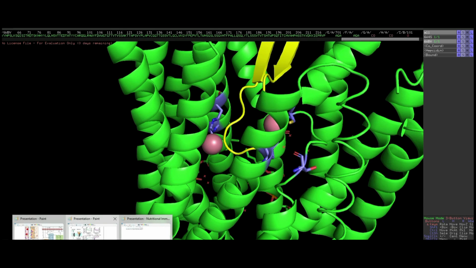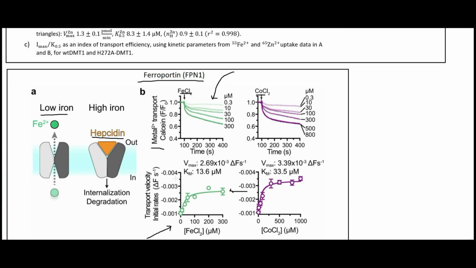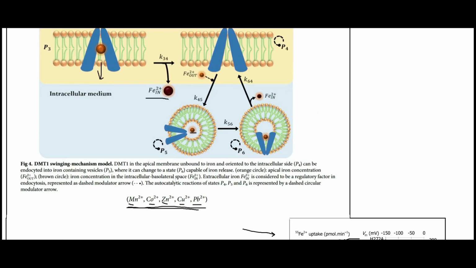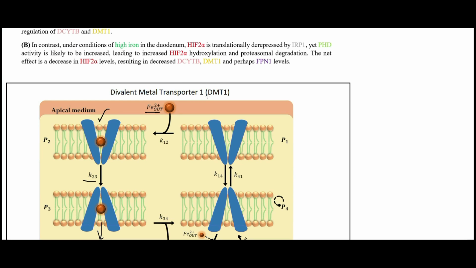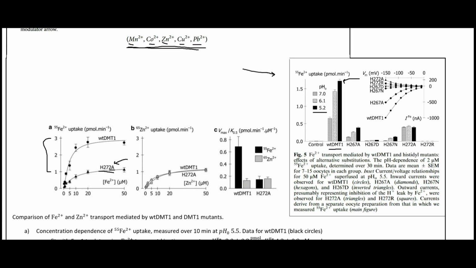And one other thing I forgot to mention is actually that the DMT1, like I said, it happens in this lower pH. And so one of the things that actually determines that I forgot to mention is that it is an iron and H plus co-transporter. And so it requires an influx of, well, it brings iron in, but it does that by bringing H plus, so protons, acid essentially, down the gradient.